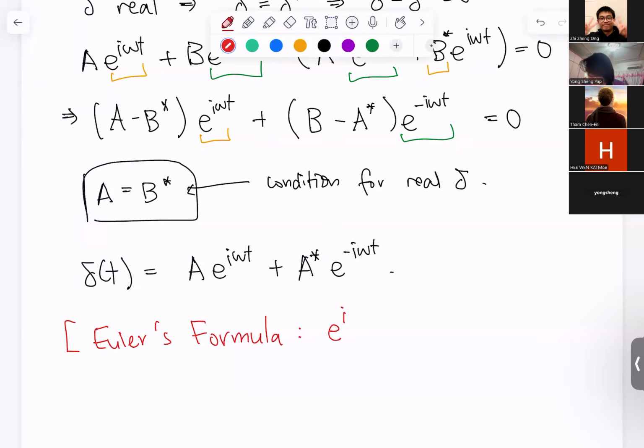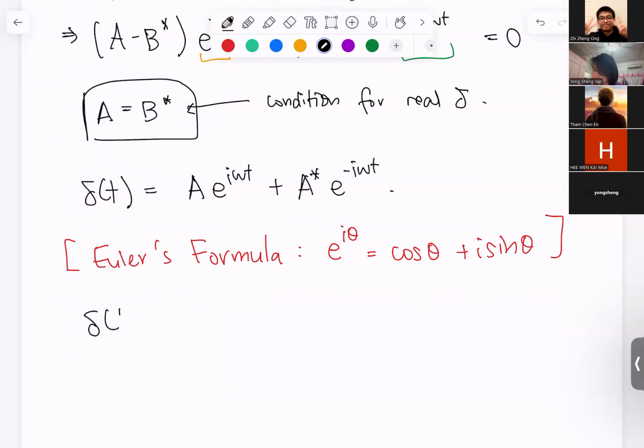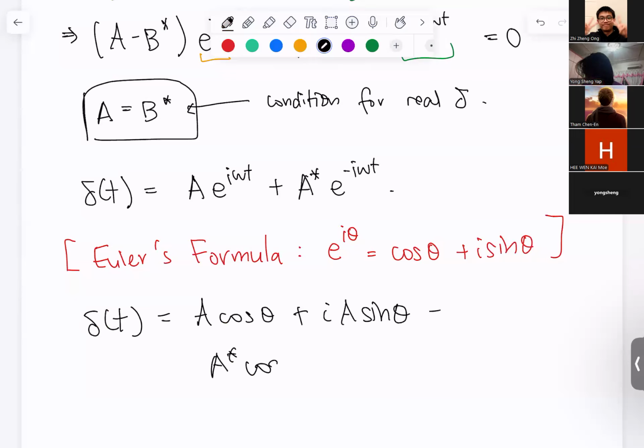e^(iθ) equals cosine theta plus i sine theta. Then delta of t must equal A cosine theta plus iA sine theta plus A star cosine of negative theta plus iA star sine of negative theta. Sorry, the theta here is omega t.